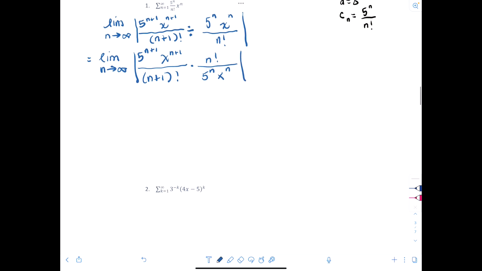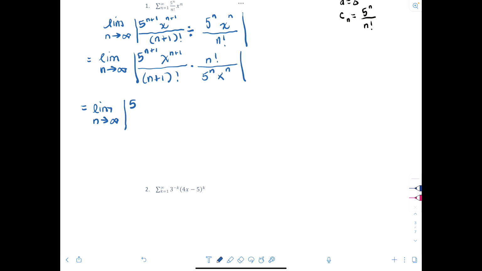Cool so far? Now, 5 to the n plus 1 divided by 5 to the n is going to just be 5, because n plus 1 minus n is 5 to the 1.